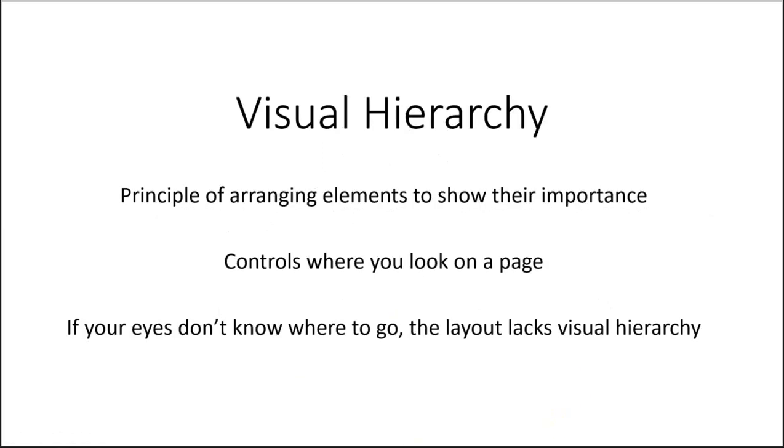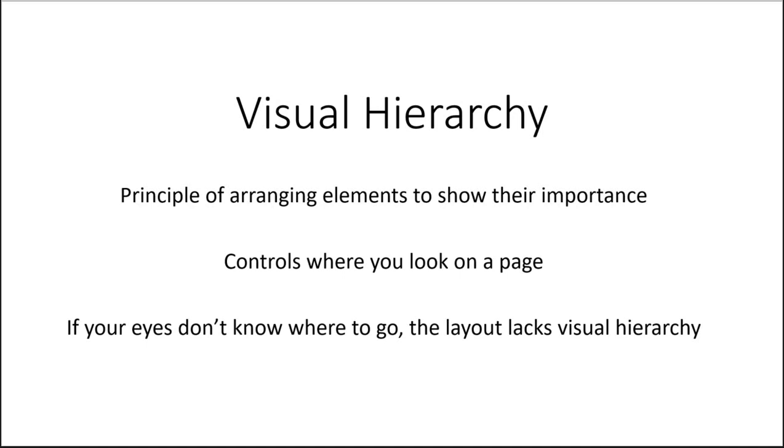Okay, so let's first talk about visual hierarchy. This is a set of principles that influence the order in which we notice the stuff that we're seeing. So visual hierarchy is leveraging pre-attention all the way. Arranging your elements to show their importance. How do we do that?